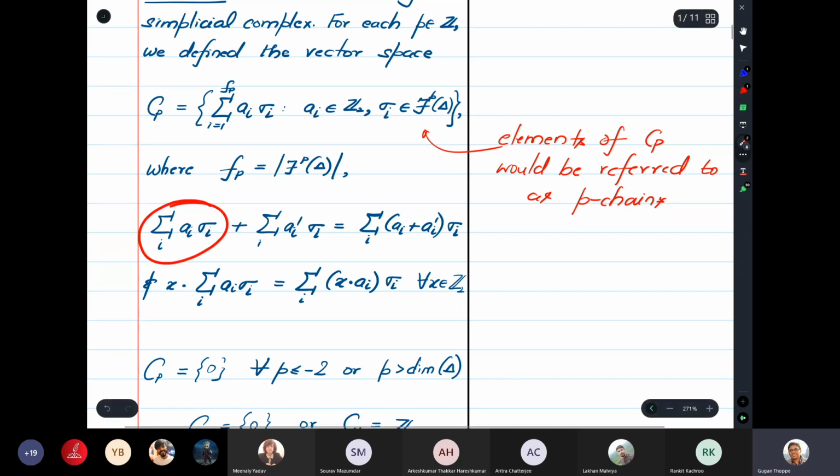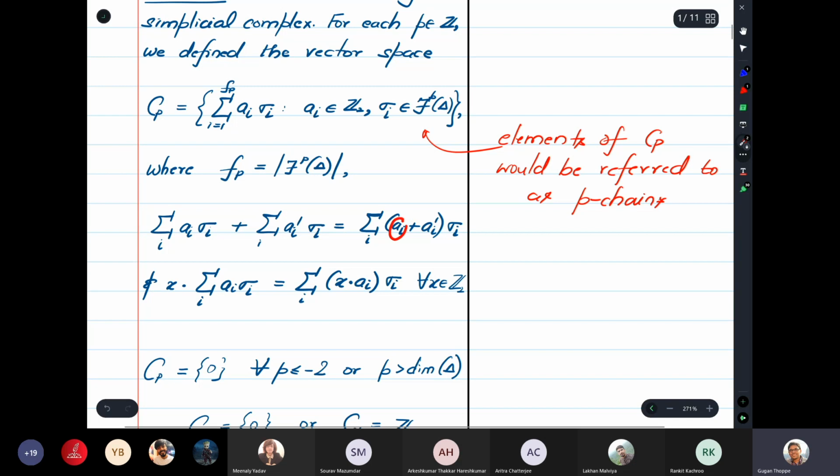So this is a p chain. This is another p chain. I claim this is another p chain because notice that I'm using some different coefficients over here, right? When I want to add these two p chains, the rule is that I take the corresponding coefficients and add them, and think of that as the coefficient to be written in front of sigma i. You can ask how do you do this addition?